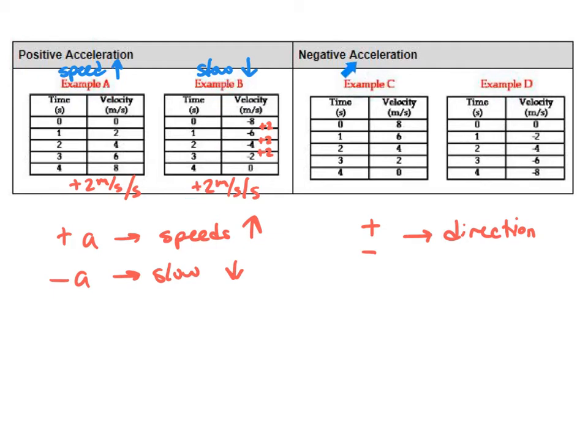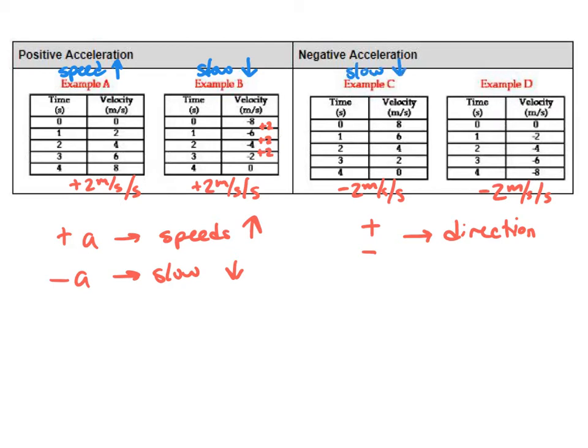Same thing for a negative acceleration. Here, it's going down 2 meters per second, so -2 meters per second every second. But if I look at example D, the acceleration is still -2 meters per second, because it's going 0, -2, -4, -6. The only difference is that in the first table, this is slowing down.